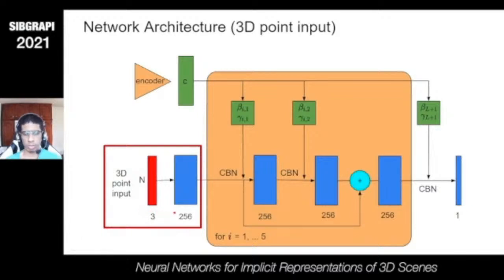And the usual layers setup for this architecture is a layer with 256 neurons, and this is used for all parts of the network.